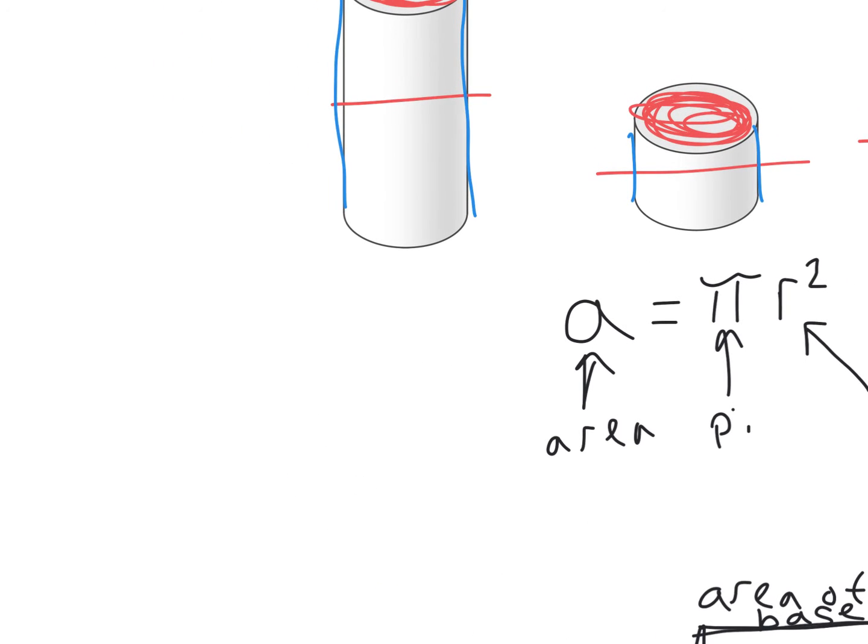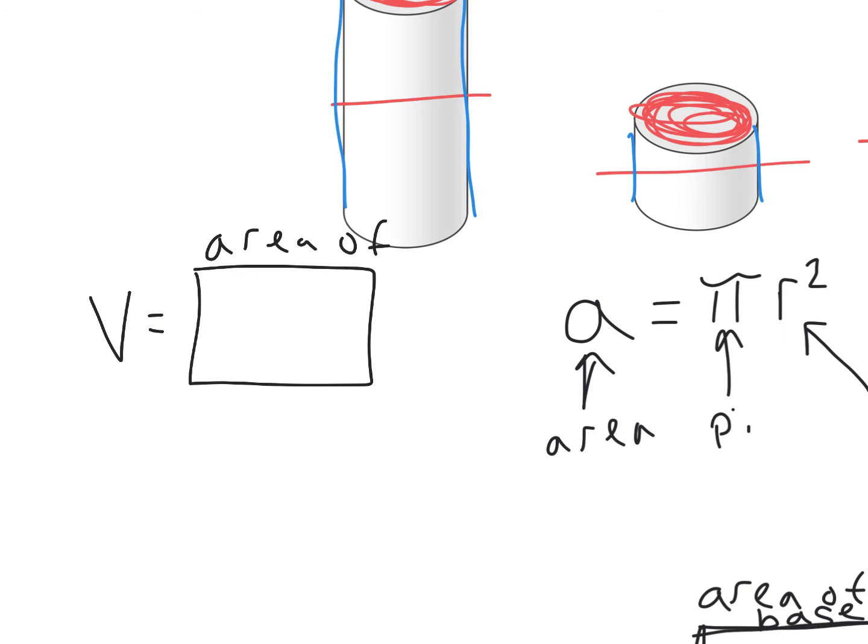Volume is going to be equal to the area of the base times the height. It just so happens now that our base, instead of being a rectangle, is a circle.